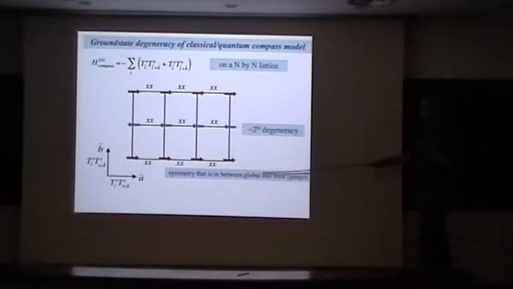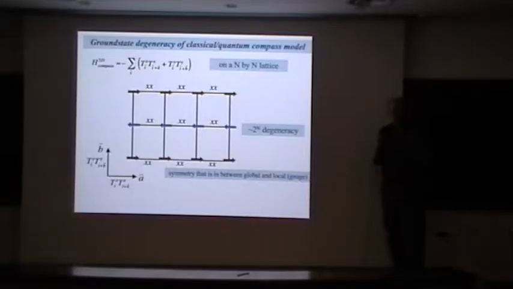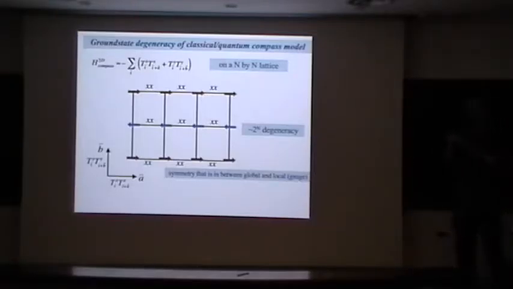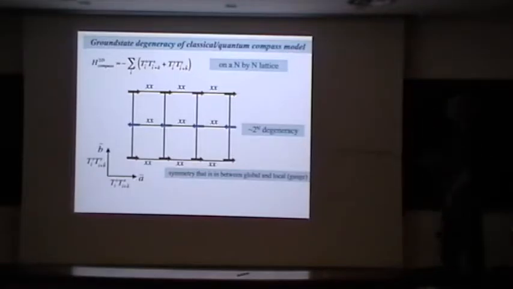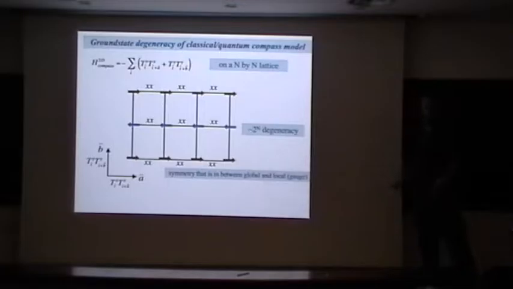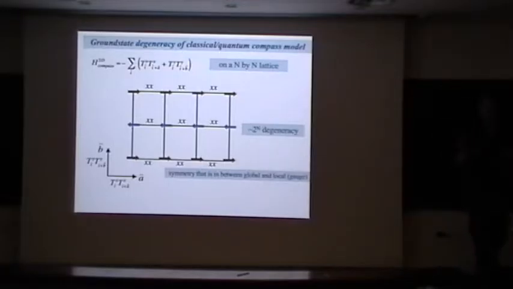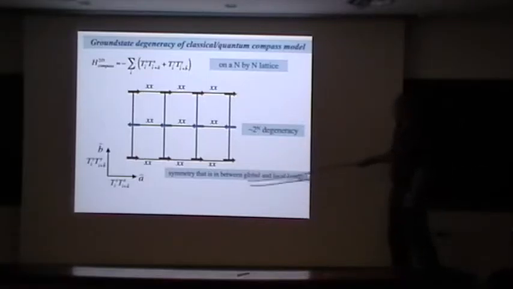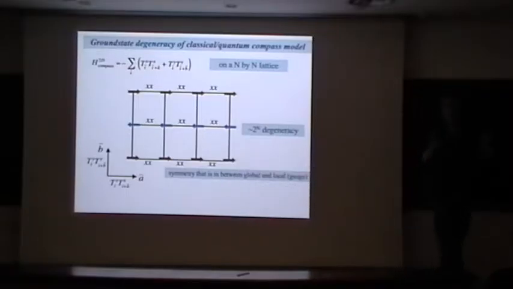This is a symmetry that's between global and local. So the gauge symmetries that we've also heard about are all local symmetries. Yeah? Locally, you have invariance. You don't have that here. In general, you don't have that in spin models, unless you construct spin models that do have that. You can do that, of course. So that's not this symmetry here. You can have symmetries that are global, like my magnetization.